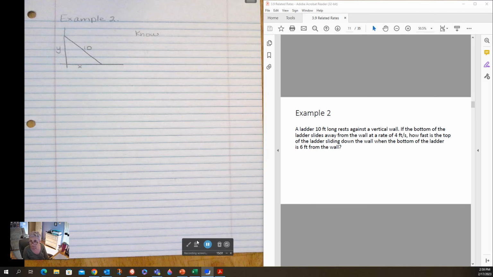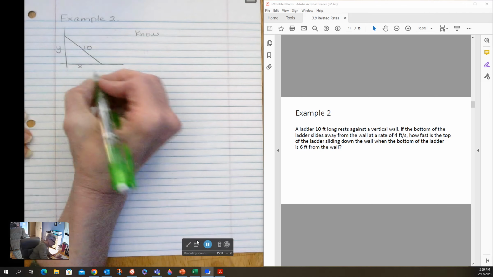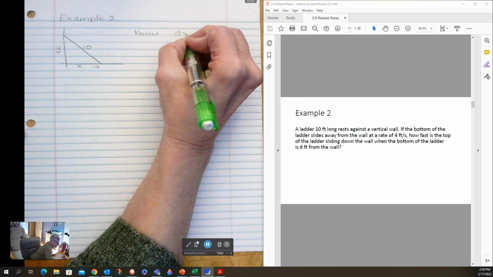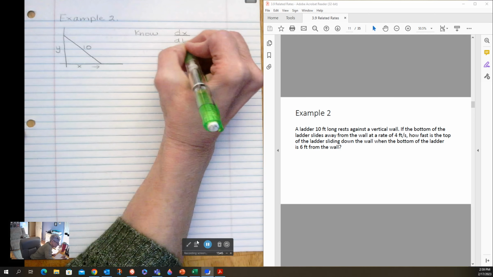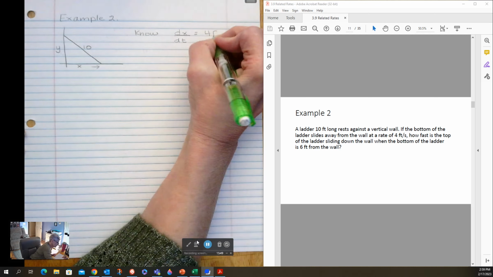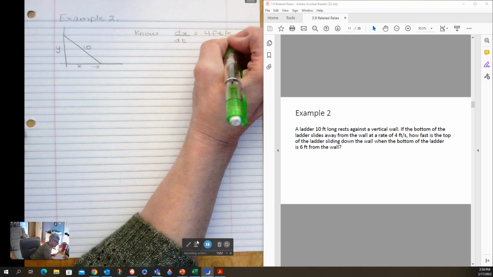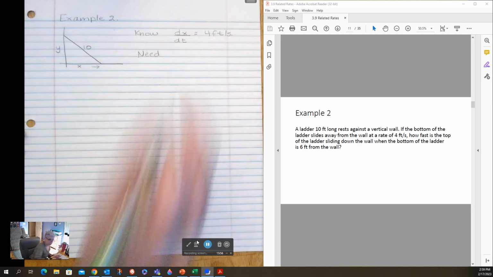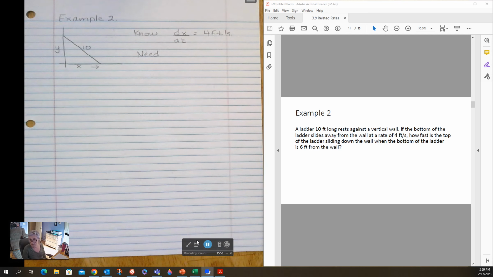The bottom of the ladder slides away from the wall at a rate of 4 feet per second. So it's going this way. That means x is getting bigger. So I know that dx/dt is equal to 4 feet per second. Things moving fast. Let's look at need. How fast is the top of the ladder?